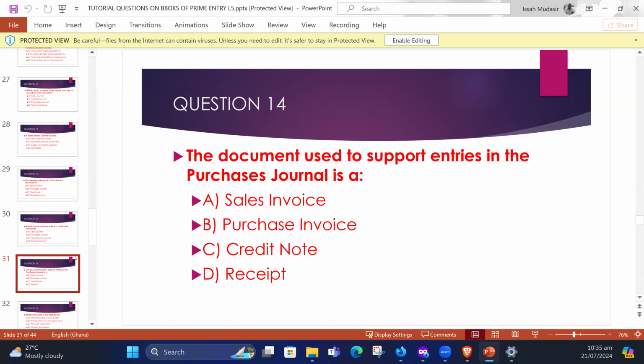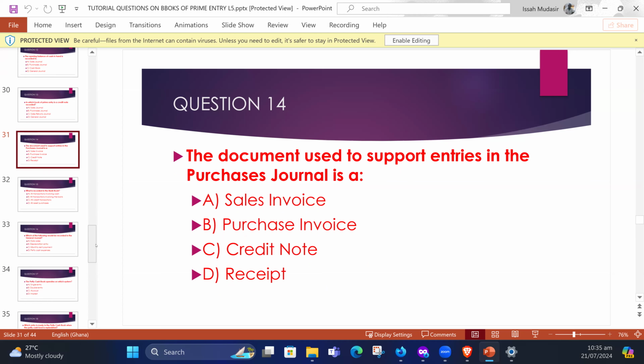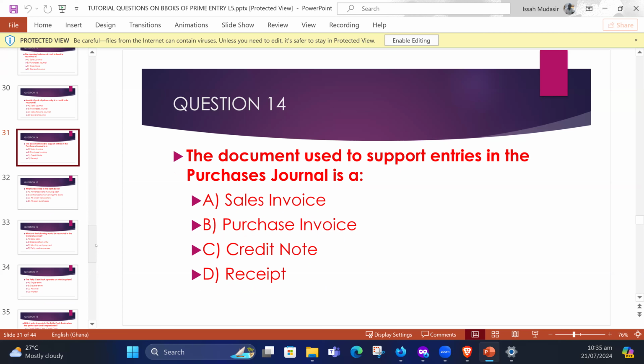The document used to support entries in the purchases journal is, I've talked about all these things. I will just say some.